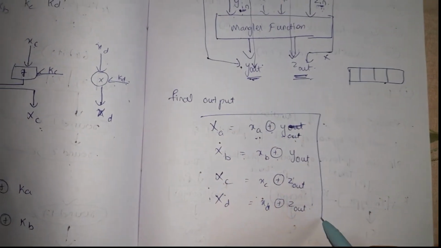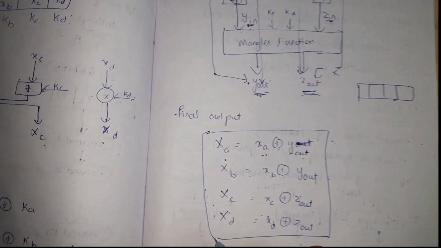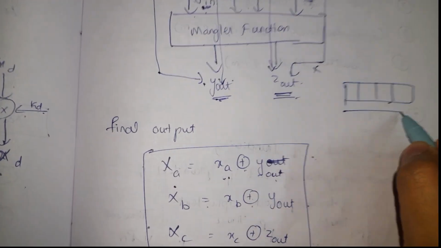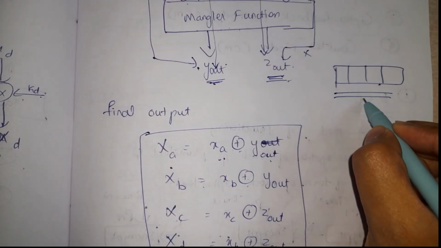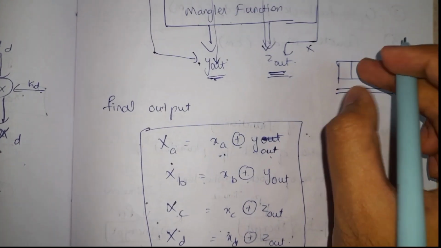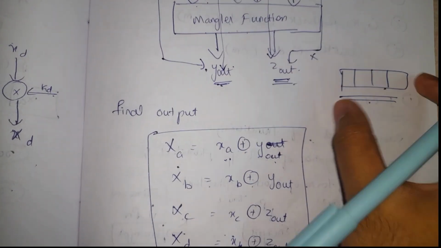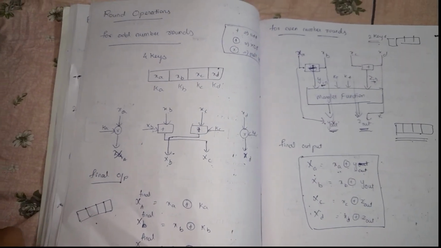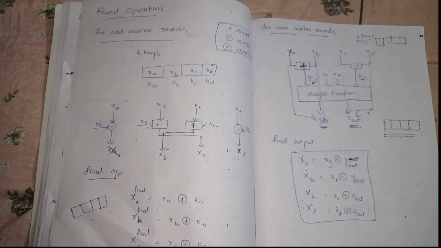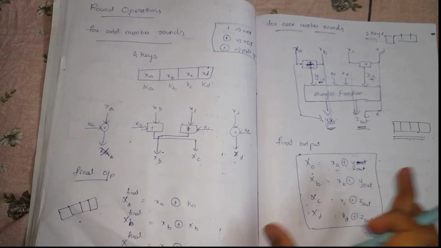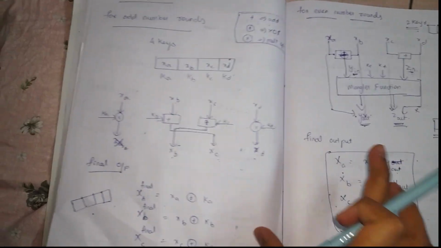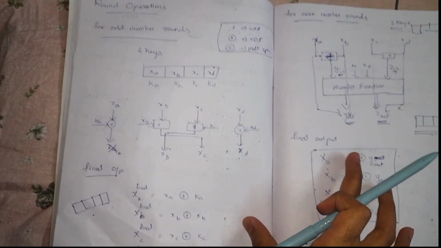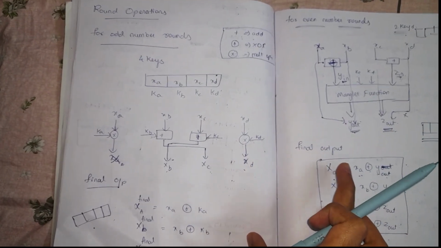In this way we obtain our new block with new, updated values. So this is what happens at the end of even and odd rounds. This process continues until all the rounds are finished. After all the rounds are finished, we will obtain our ciphertext.